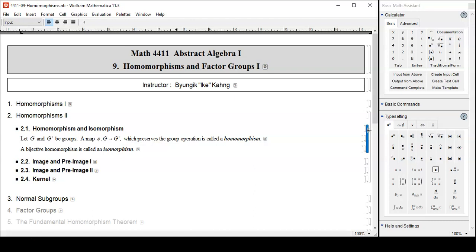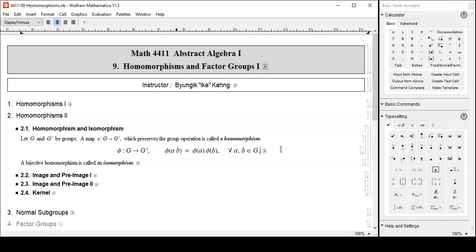Let's begin with a review. Let G and G prime be groups, and let phi be a map from G to G prime. We say the map phi is a homomorphism if it preserves the group operation.